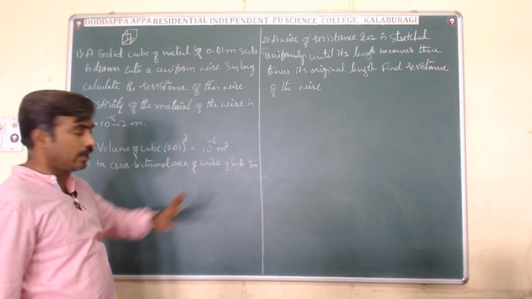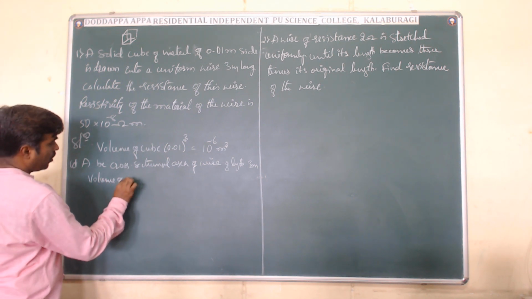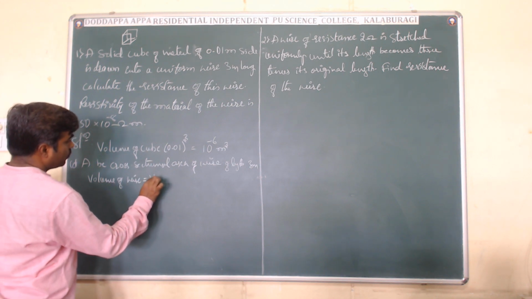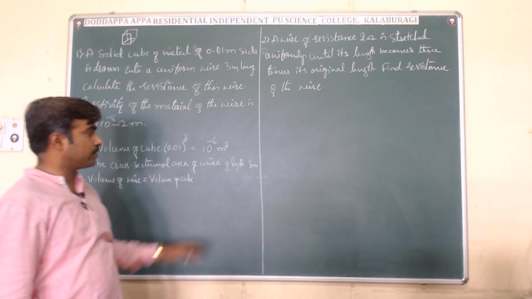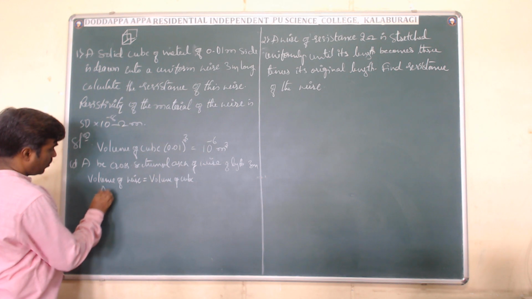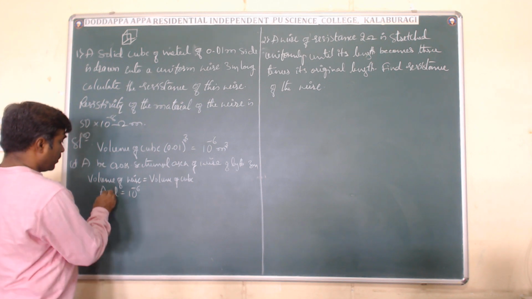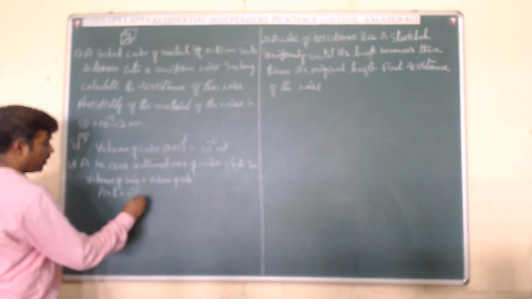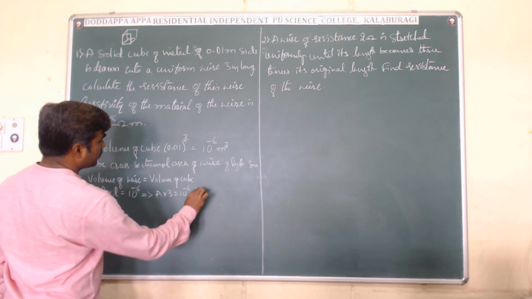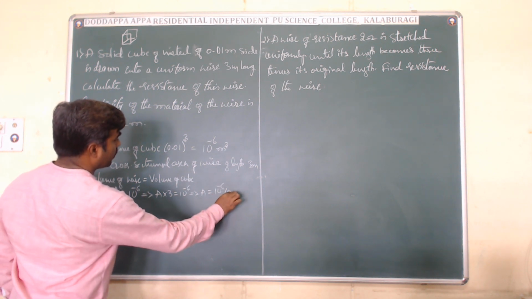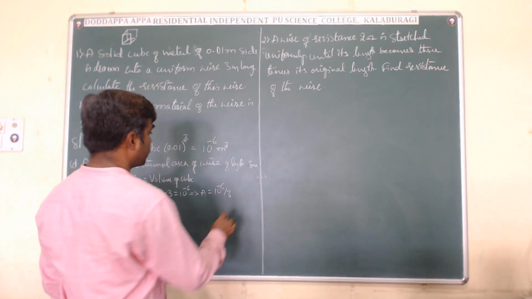Hence, the volume of the wire is equal to the volume of the cube. The volume of the wire is length into cross sectional area. So A into length is equal to the volume of the cube, 10 raised to minus 6. The length is 3 meter, hence A into 3 is equal to 10 raised to minus 6, otherwise A is equal to 10 raised to minus 6 divided by 3. This gives the cross sectional area in meter square.